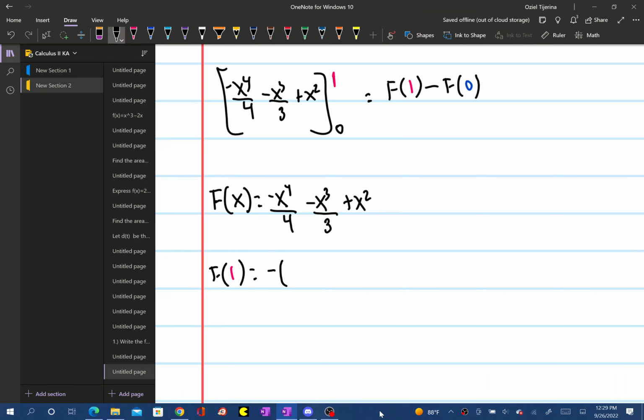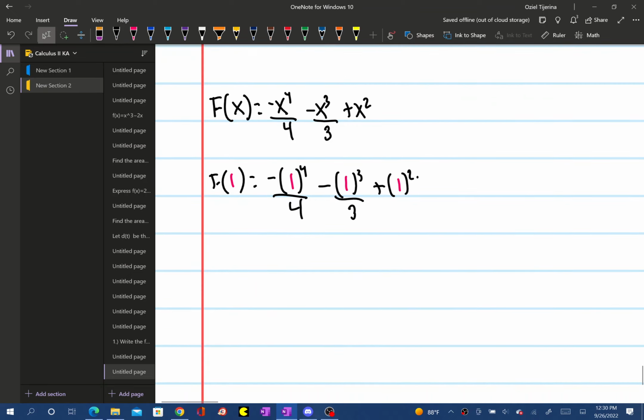So it's going to be negative the quantity 1 to the 4th over 4 minus the quantity 1 cubed over 3 plus the quantity 1 squared. This is negative 1 over 4 minus 1 over 3 plus 1.